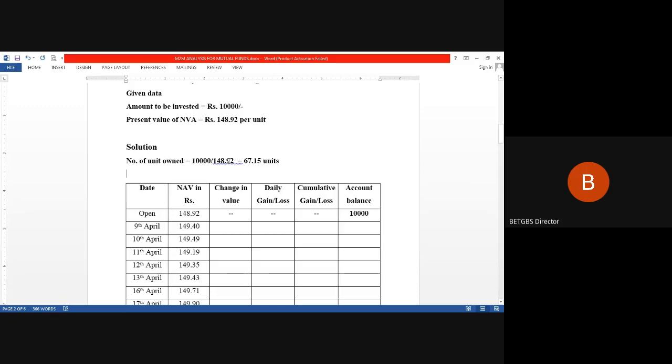Now the next thing is the opening account balance.